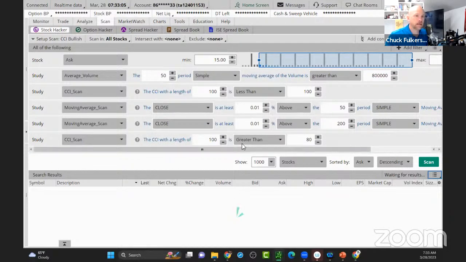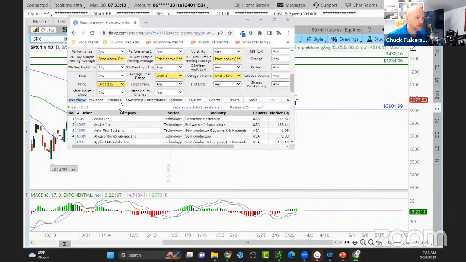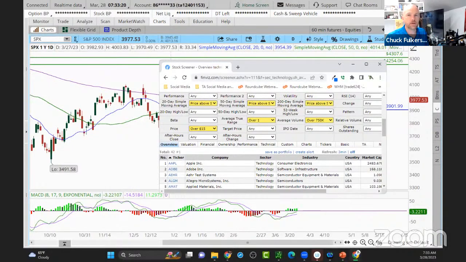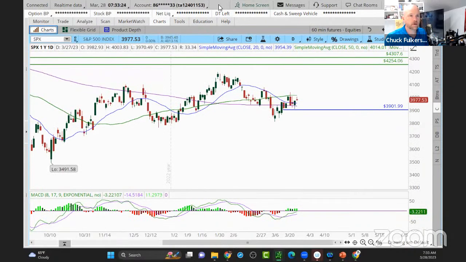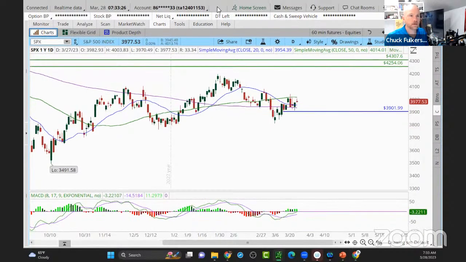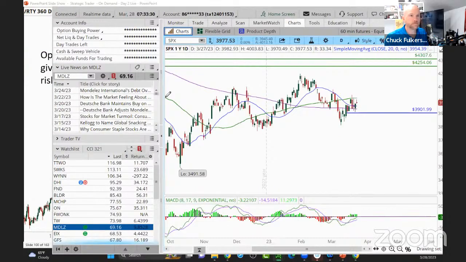And it looks like I'm not getting anything out of my scanner today on my CCI scan. So when I start to speed date through some of these positions, starting first with, let's see if I can set this up so that I can have my watch list right next to my platform.